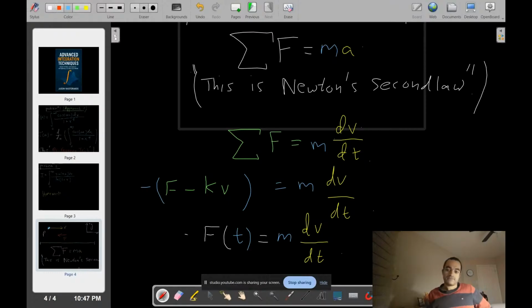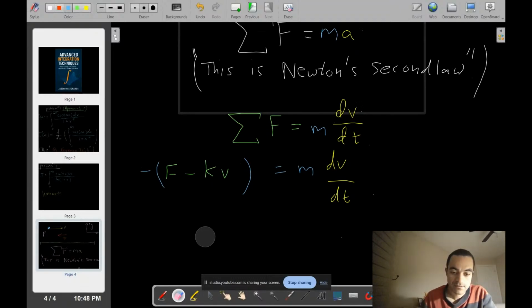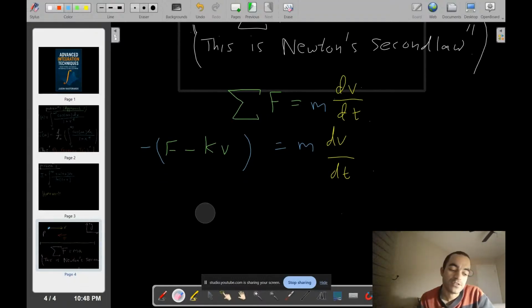Now, let me explain what that is. You know net force equals M dV dt is Newton's second law. However, since there's a retarding force in the opposite direction of the particle's velocity, it's inducing a negative acceleration on the object.